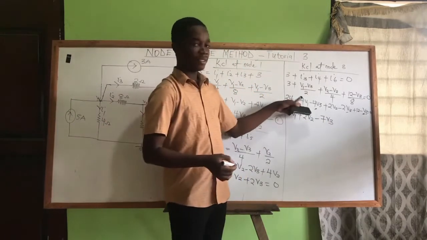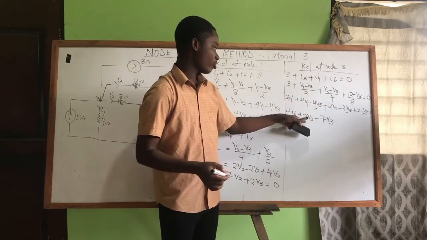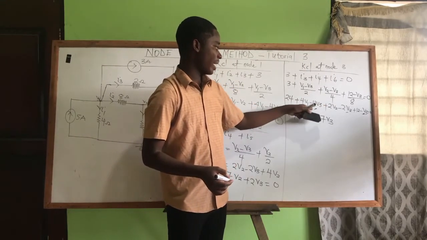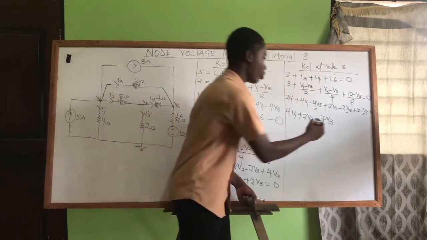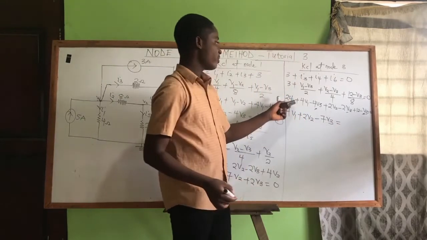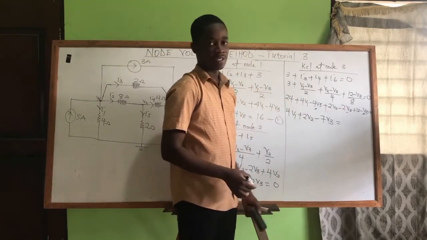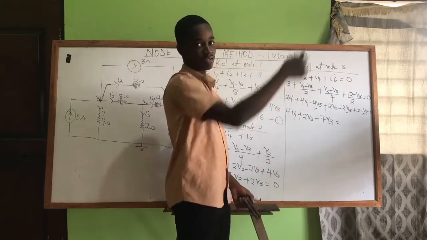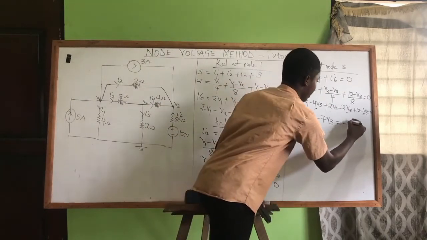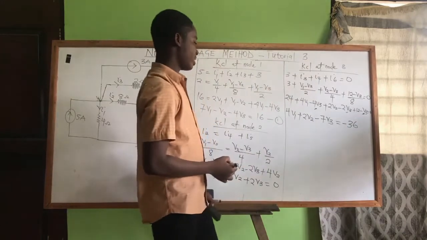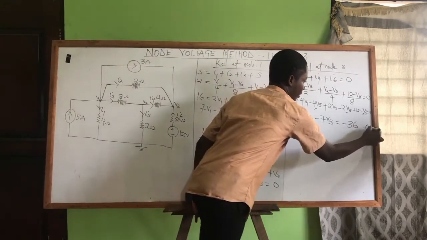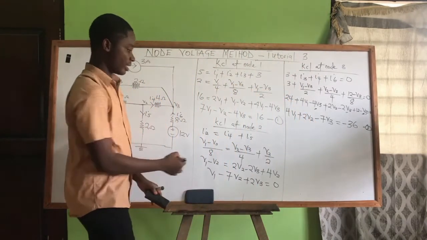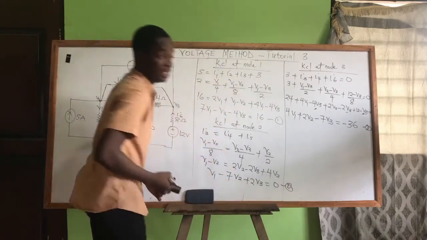So 4V1 plus 2V2 minus 7V3 is equal to what? We have 24 plus 12, which is giving us 36. So I'm sending it to the other side, which is minus 36. So this is our third equation. This is our second equation.